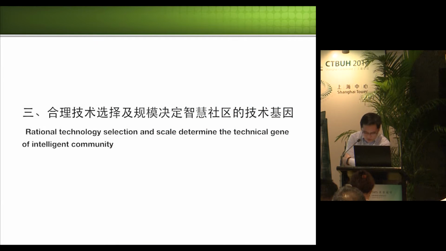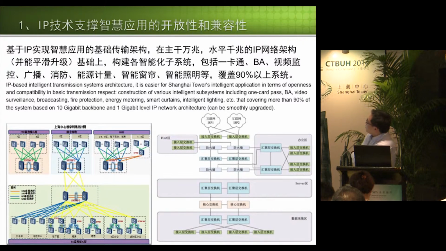And then I will also walk through the reasonable technology selection very quickly. The system is really based on the IP architecture. In Shanghai Tower, more than 90% of the system is based on our strong IP structure. And the safety is also guaranteed thanks to our main 10 million mega and also the horizontal 1,000 mega IP architecture.